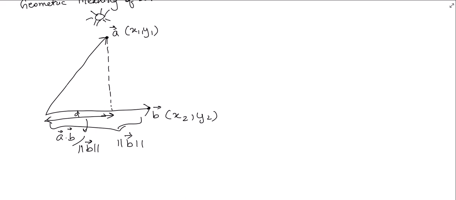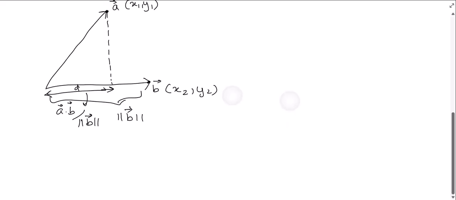We'll derive the formula later. And in a similar way, if we tilt our graph and put a light source on top of B, it will cast a shadow on A, and whatever shadow falls on A, you can define it as a dot product.